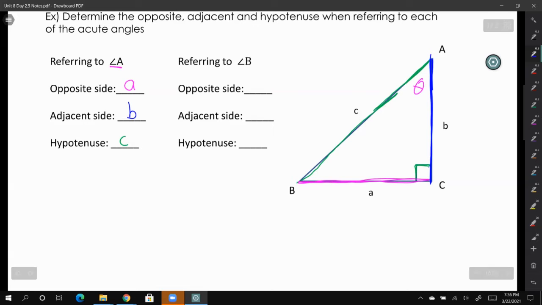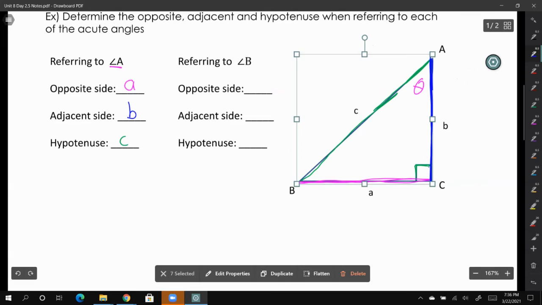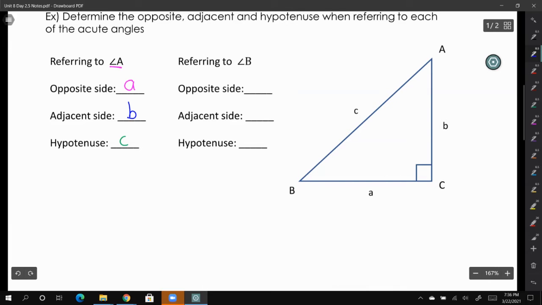Okay. But what if now we were referring to angle B? What if this was theta down here, angle B? Well, the hypotenuse stays the same. The hypotenuse is always across from this box. So C is still the hypotenuse.